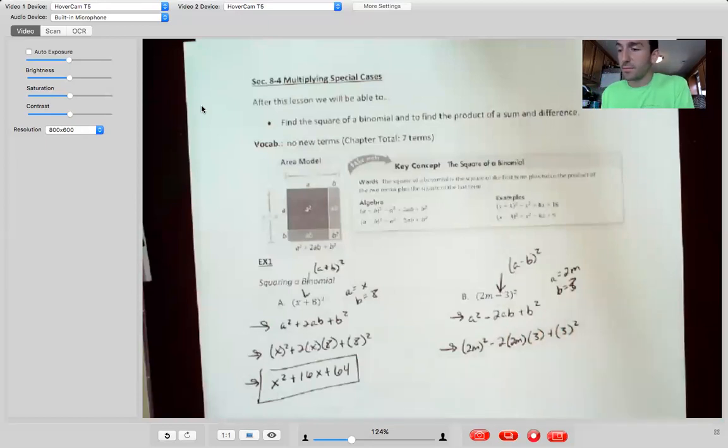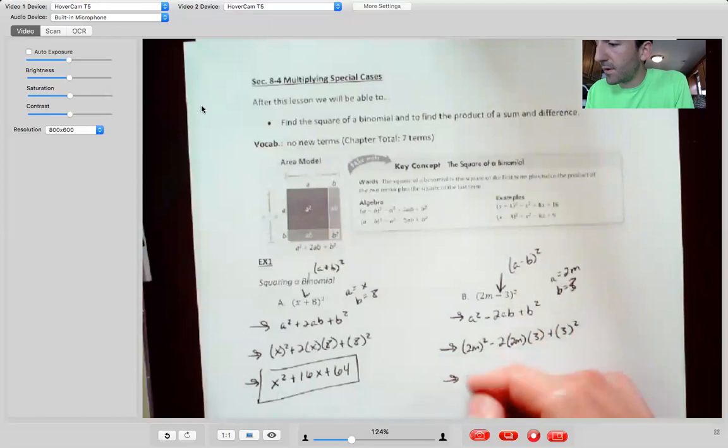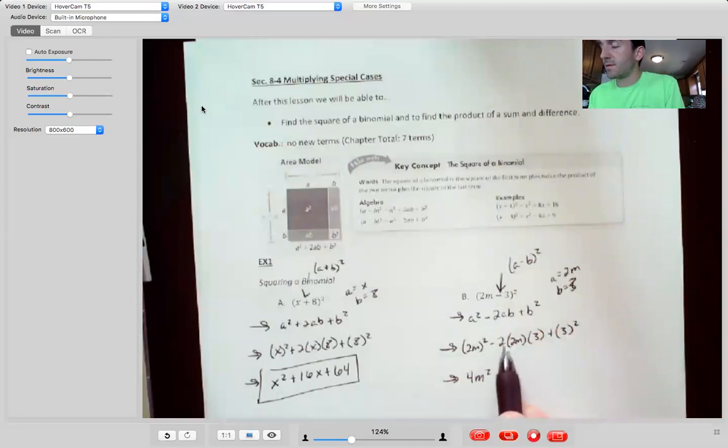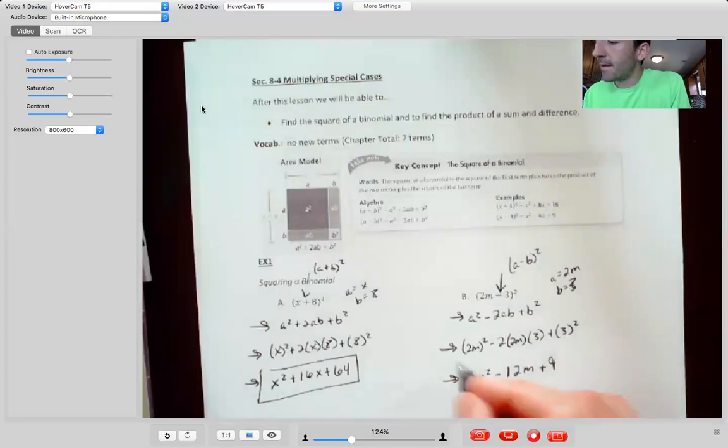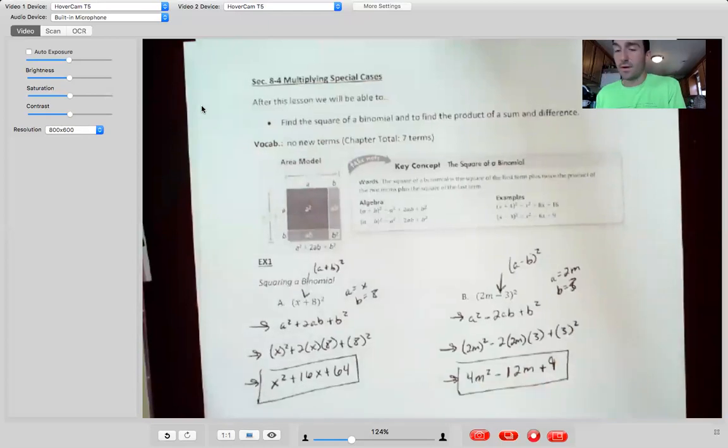Okay, now we'll go ahead and simplify and see what we have. 2m squared, or 2m times 2m, is 4m squared minus, so my coefficient on the next term is going to be 2 times 2 times 3, that's 12. So middle term is minus 12m, and then my last term, 3 squared, is plus 9. So 4m squared minus 12m plus 9.